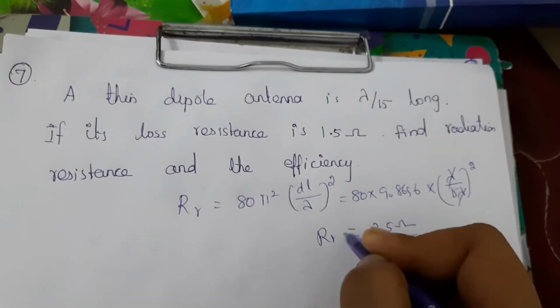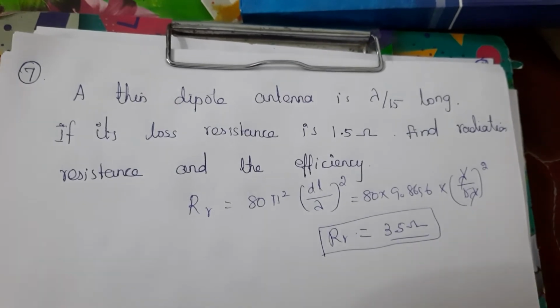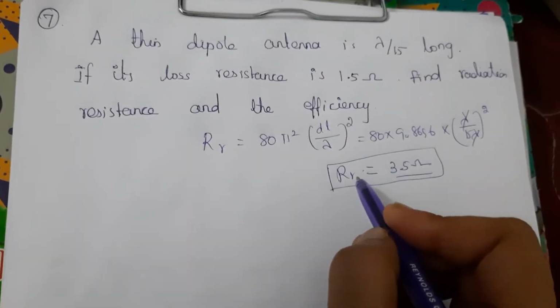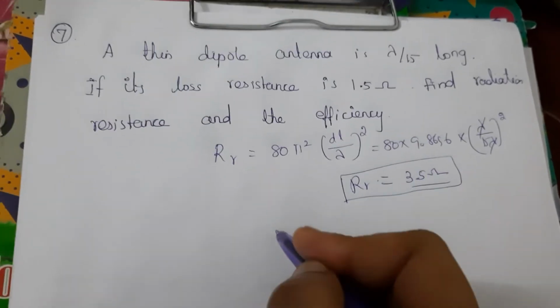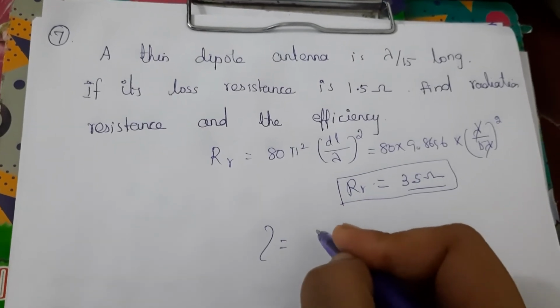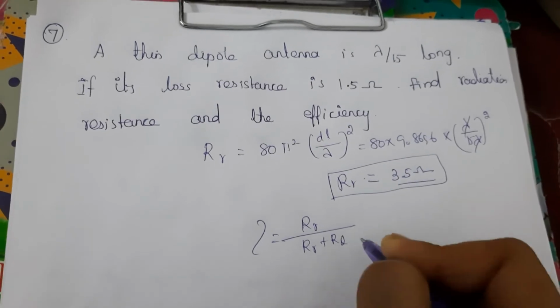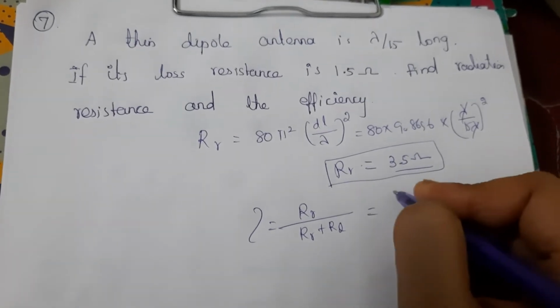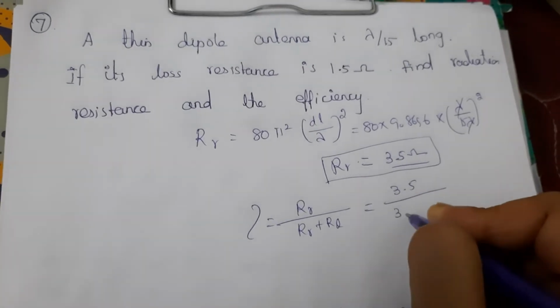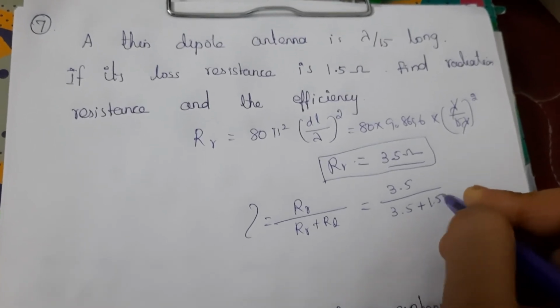So this is the radiation resistance value, and we have the radiation resistance and loss resistance, and the efficiency eta is equal to radiation resistance divided by radiation resistance plus loss resistance, that is 3.5 divided by 3.5 plus 1.5.